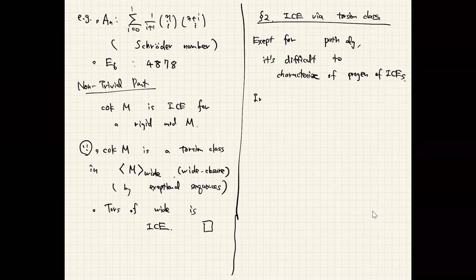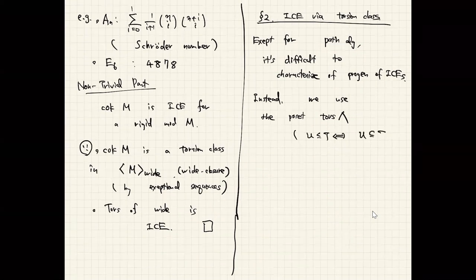But instead of giving such a characterization, we can use the poset of torsion classes. The poset tors Λ is the poset of all torsion classes, and the poset structure is just the usual inclusion relation.